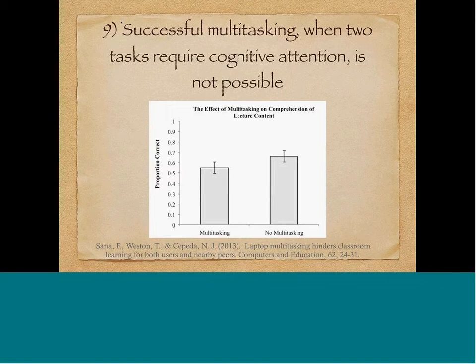But a number of studies have looked at multitasking, and what we find is that if both tasks require cognitive attention, it's not possible to multitask. An example of when multitasking is somewhat possible is walking across campus while having an intellectual conversation.